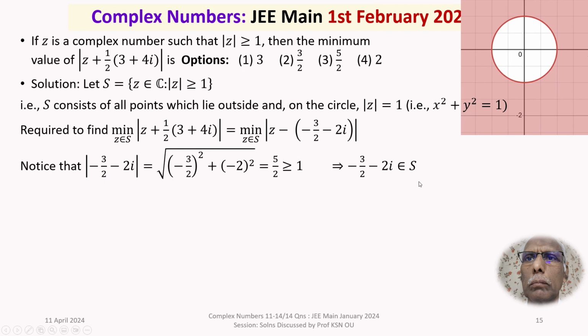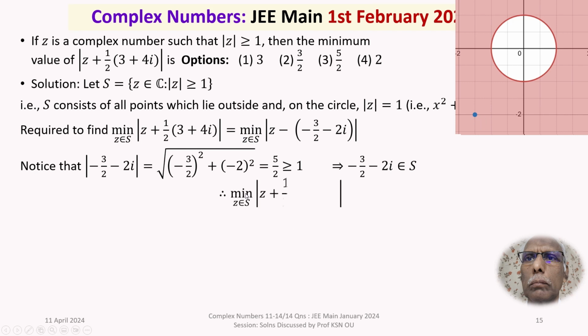Let's look at the picture. This is the point, minus 3 by 2 minus 2i, belonging to S. Now, what is the minimum of this modulus over z belonging to S? It will be 0. So the minimum over z belonging to S of the modulus of (z plus 1 by 2) times (3 plus 4i) is 0.